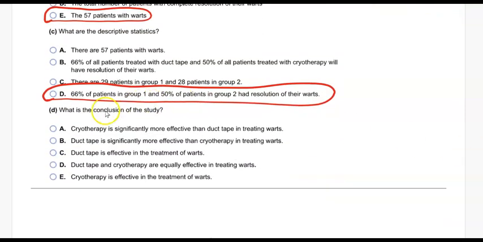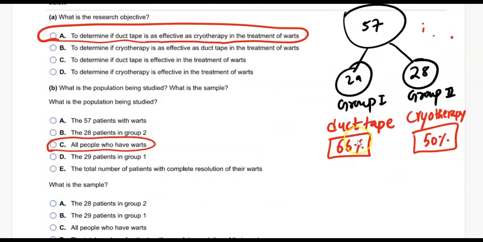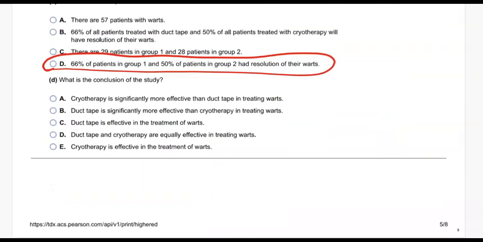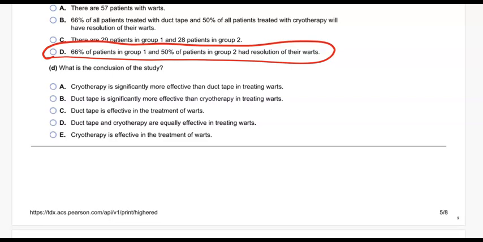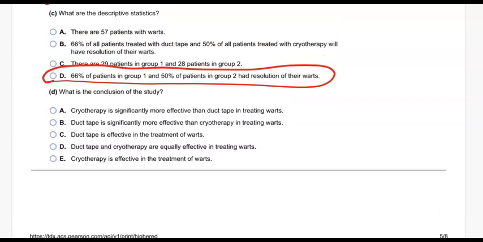Part D, what is the conclusion of the study? The conclusion tells you 66% is effective with duct tape therapy. So it looks like duct tape therapy is significantly more effective than cryotherapy in the treatment of warts.